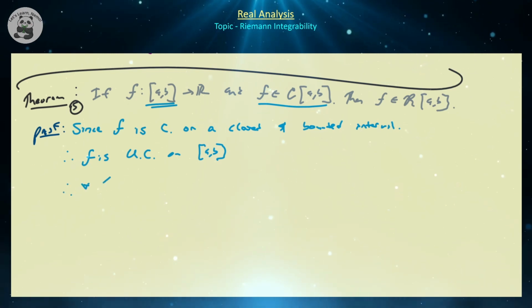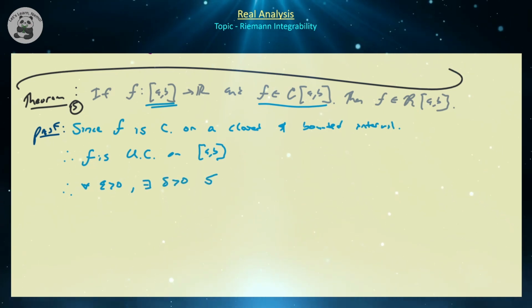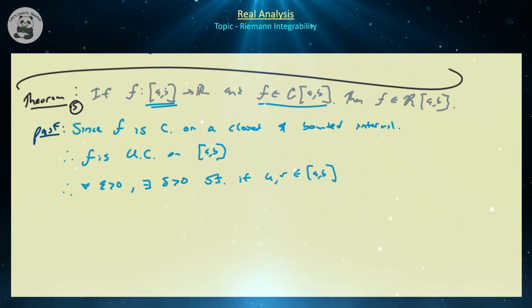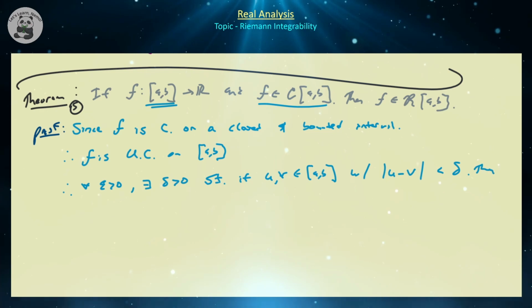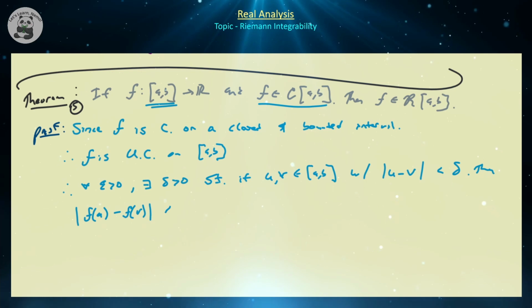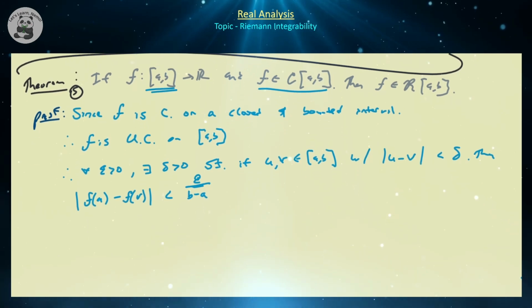That means for all epsilon greater than 0, there exists a delta greater than 0, such that if u and v belong to our domain [a, b], with the distance between u and v less than delta, then the distance between f(u) and f(v) will be less than epsilon divided by b minus a, where that b minus a is motivated by a simplification that's going to occur a little while down the road.